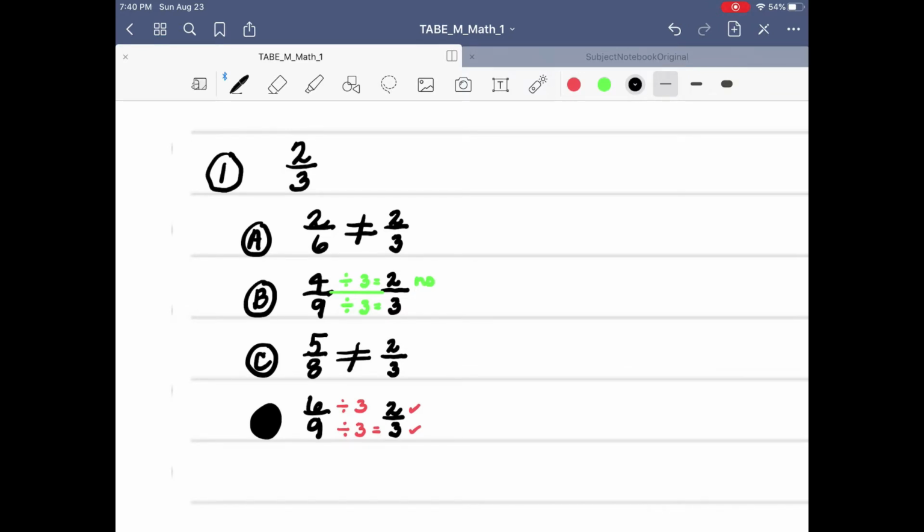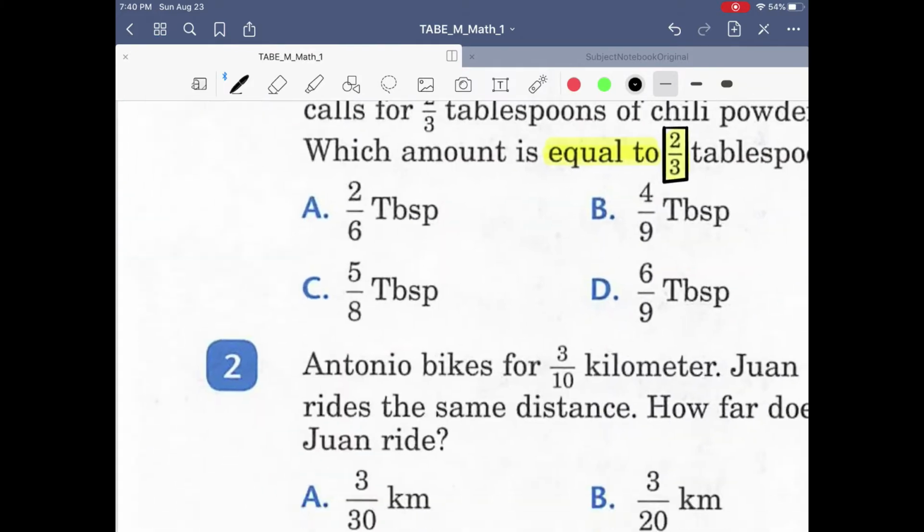Now, your instructor may show you a different way to do this, but since we are going to need to find common denominators on the next page, I'm using this particular method. If your teacher has told you to do it a different way, that is fine. Number 1 is D.